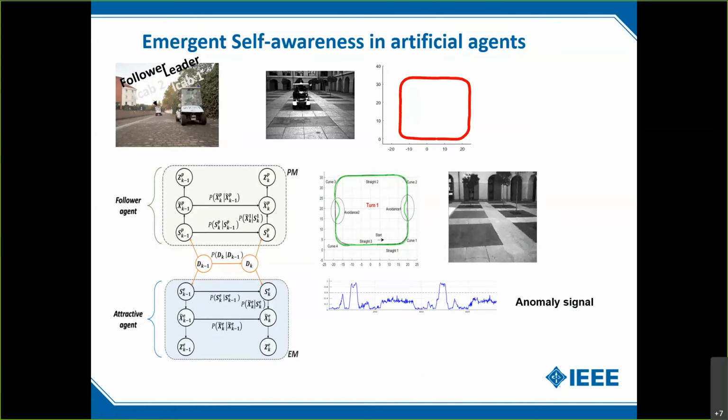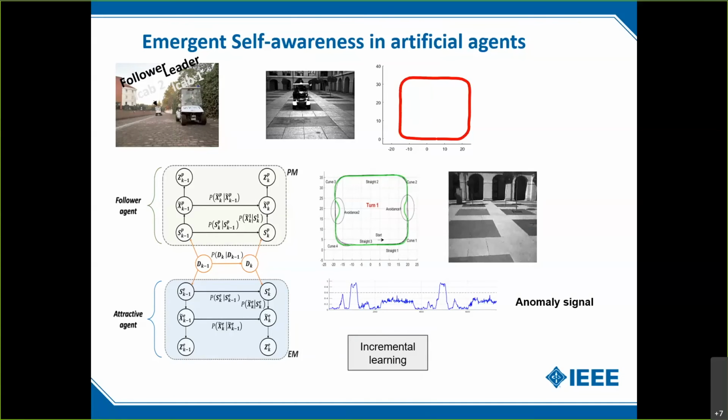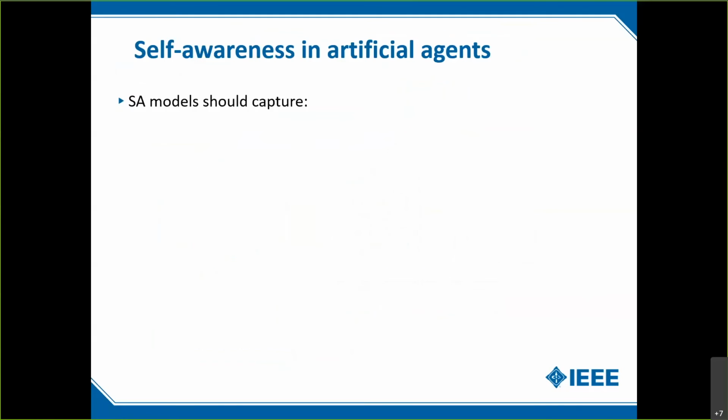So it's the model itself that, by looking at predictions that are mismatched with respect to current observation, can detect abnormalities. And the cycle tells us that we would like then to incrementally memorize and store new models of this type from this cycle. So the paper deals with this and explains how to do this. It is necessary that the model is capable of capturing temporal correlations between variables.